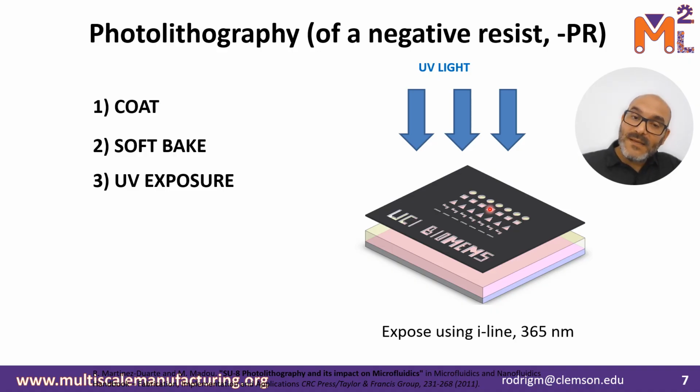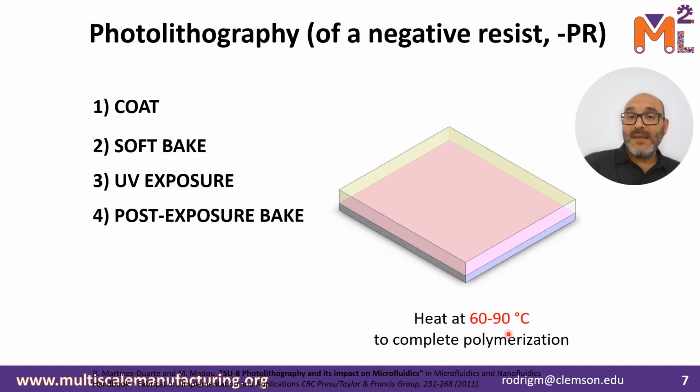By doing that, you are selecting the areas that get exposed to that particular wavelength, right? One common wavelength is that of the i-line, or 365 nanometers. After you expose, in the case of a chemically amplified resist like SU8, for example, you will need to incorporate something called the post-exposure bake.